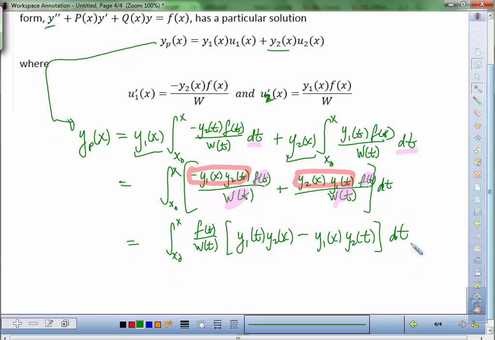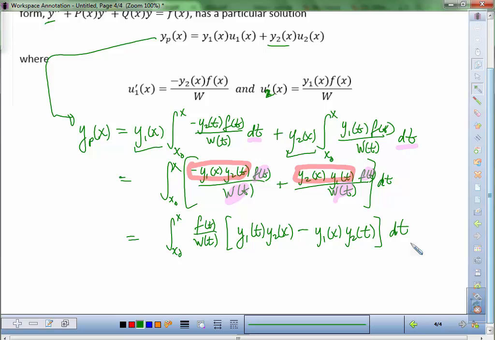Then we have something that's a little bit more compact. Okay?